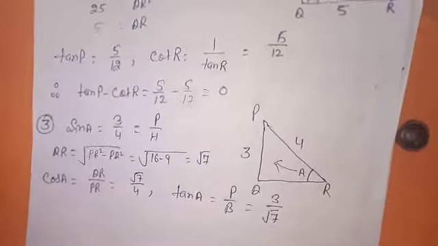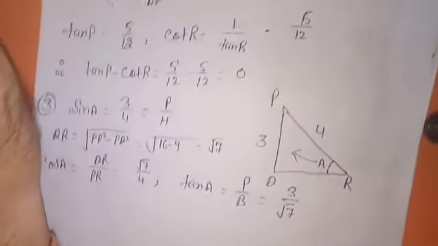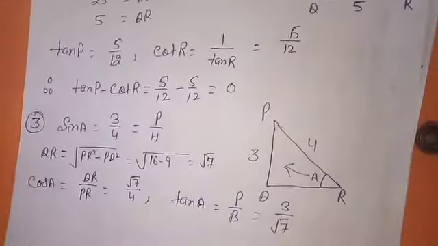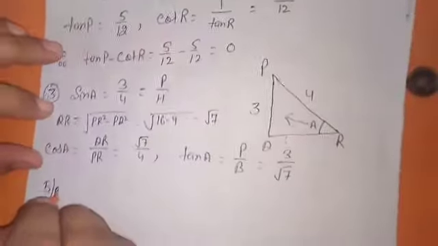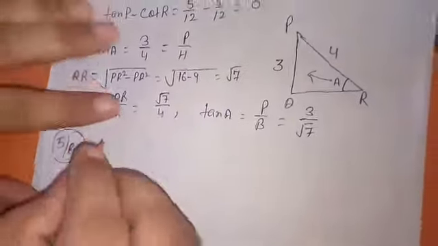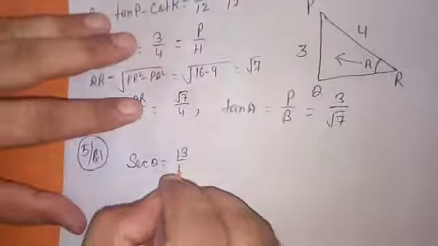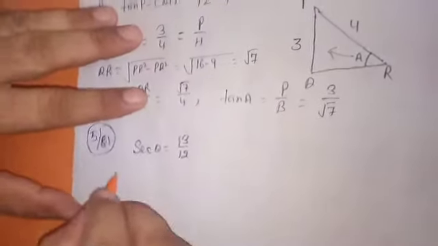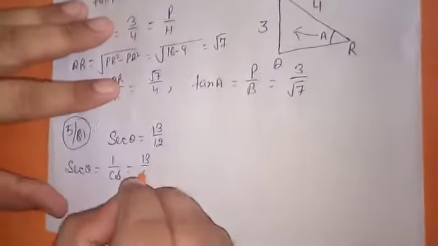By applying the same way you can solve question number 4 also. Understood? I am giving some idea about question number 5. This is also the same as question number 3. It is given secant theta equal to 13 by 12. Secant is equal to what? We know secant theta equals 1 by cos, which is equal to 13 by 12.